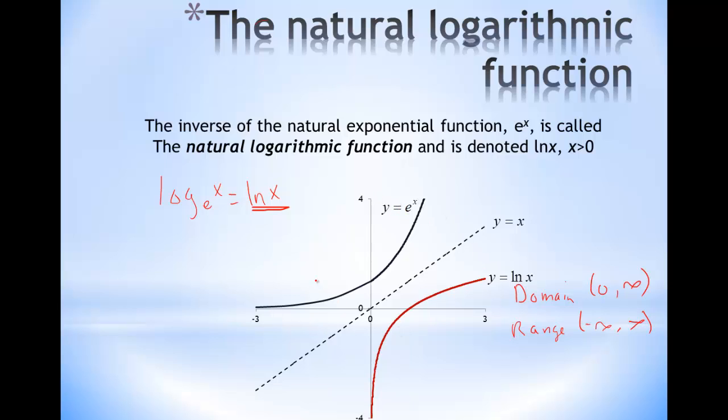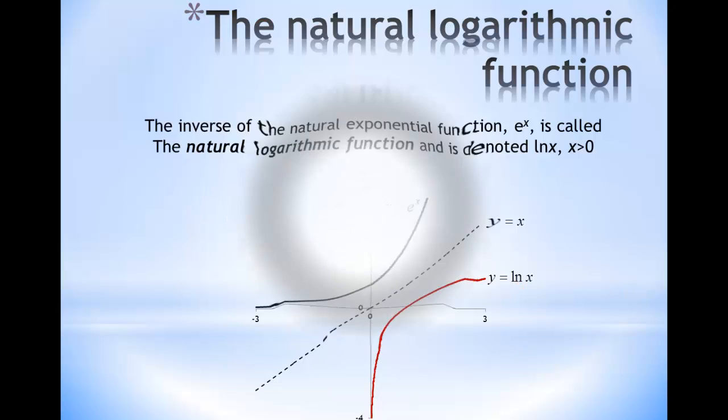The horizontal asymptote for e to the x, which was the x-axis, becomes a vertical asymptote at x equals 0. It is increasing and continuous, just like e to the x. The point 0, 1 becomes 1, 0 on the inverse, and we have a reflection across the line y equals x.